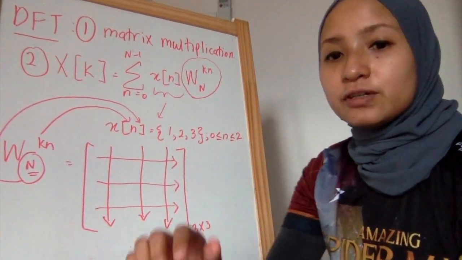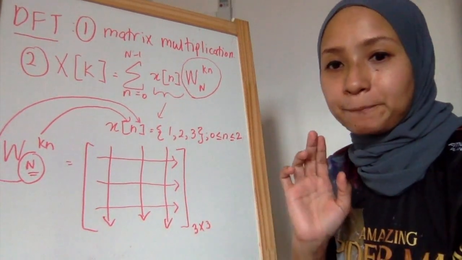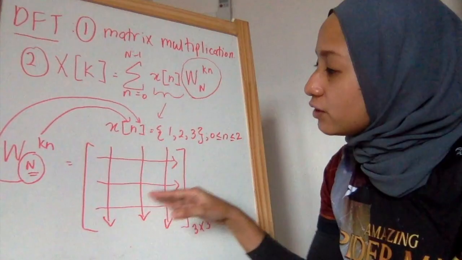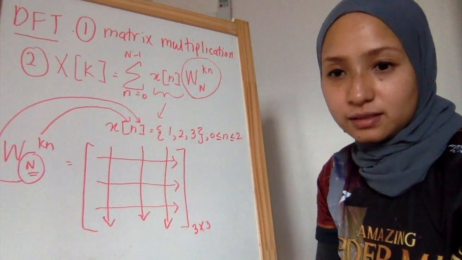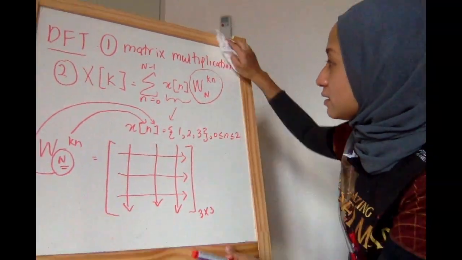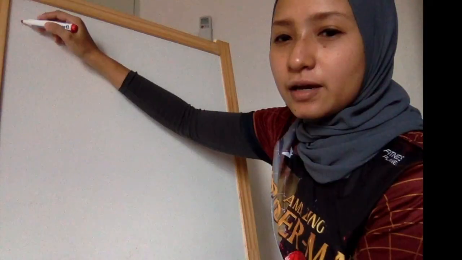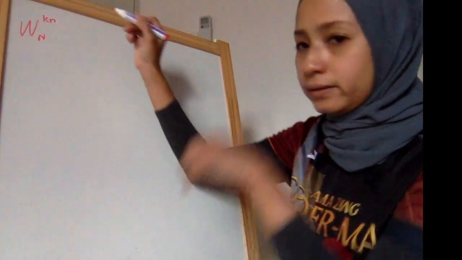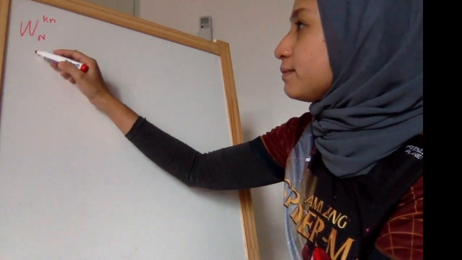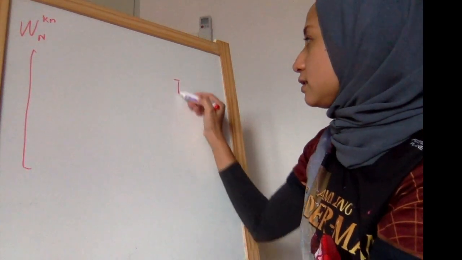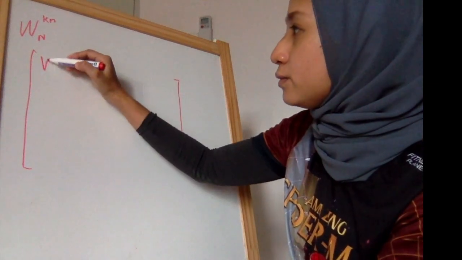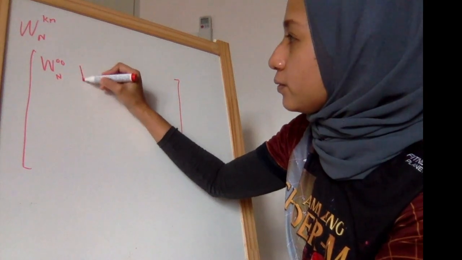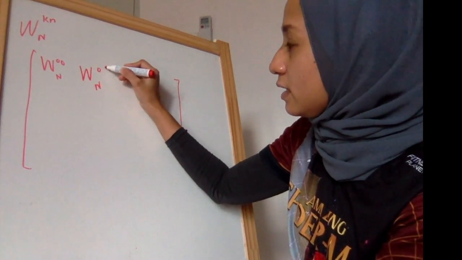If you look at slide number 10, it is on how to find the values inside the matrix. Inside the matrix, we have W_N^{kn}. So we have the matrix dimension something like this, with W_N^{00} and so on. Refer to your notes.